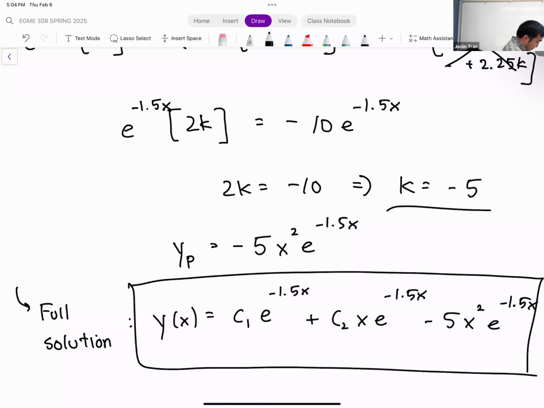And of course, that is our general solution. We would have to apply initial conditions here to solve for c1 and c2. All right, any questions on this?